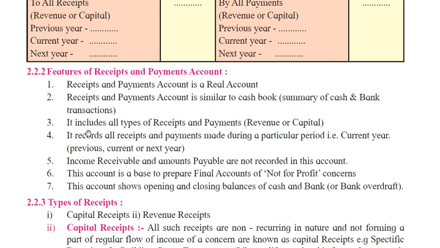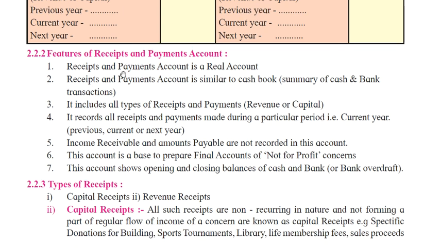Now we'll see the features of the receipts and payments account. The receipts and payments account is a real account. It is similar to a cash book, a summary of cash book and bank transactions. So what is the cash book? You already studied it last year.